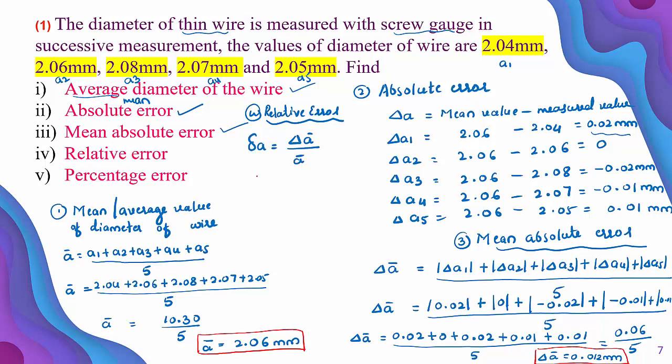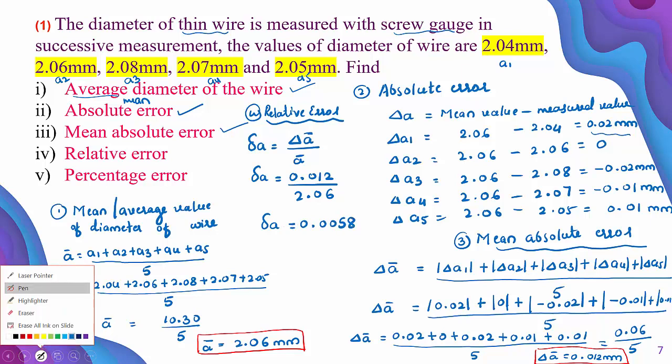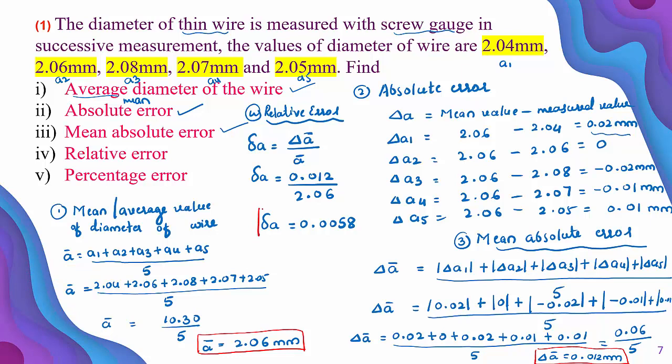You can use this equation. So delta A bar means mean absolute error. How much we got? 0.012 millimeter divided by A bar, the mean value, which here is 2.06. Now we can find delta A is equal to 0.0058. So 0.0058, this is relative error.